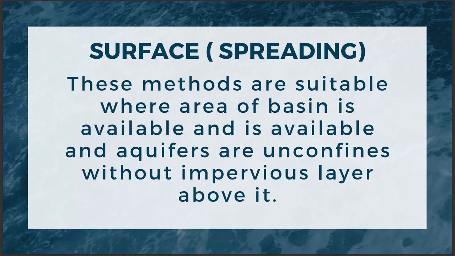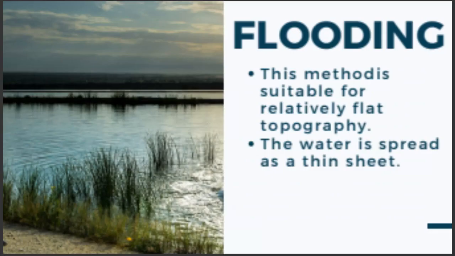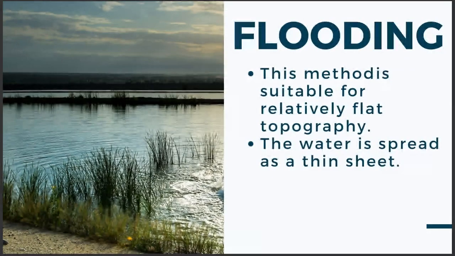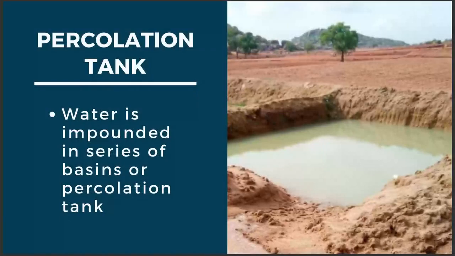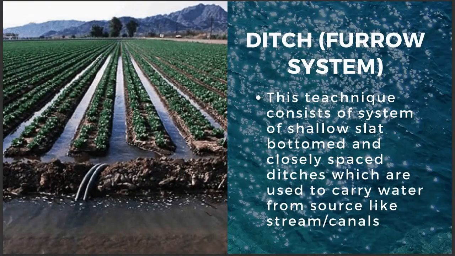Pag sinabi mong unconfined, so merong permeability, no, sa upper layer sa ibabaw ng aquifer. So pwede tayo flooding, pwede din ito percolation tank, and then pwede din using yung ditch irrigation.